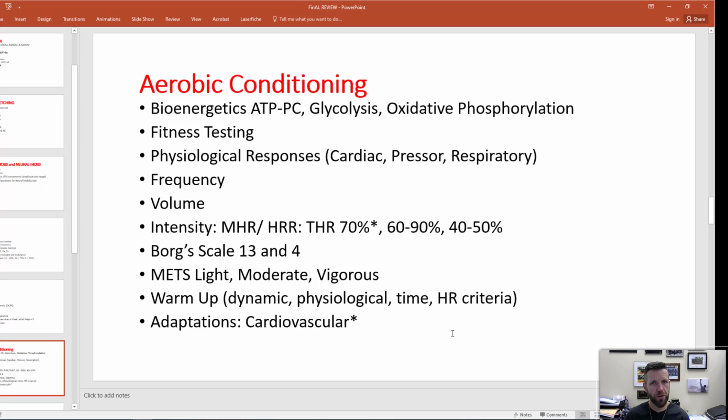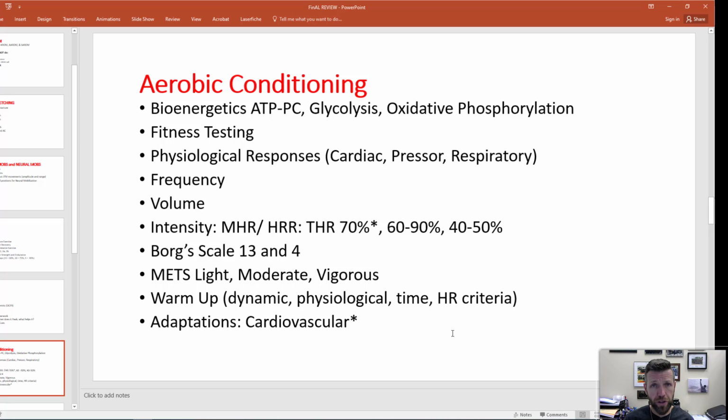Remember, the first 4 to 6 weeks were all neuro. And I know I'm mixing this up a little bit. It's just to keep you on your toes. But what we know about aerobic conditioning is this isn't going to happen for upwards to 10 to 12 weeks. That's what the book tells us. And so we kind of see it migrate over, and it takes a little bit longer. But at 10 to 12 weeks, you're going to see some adaptations.